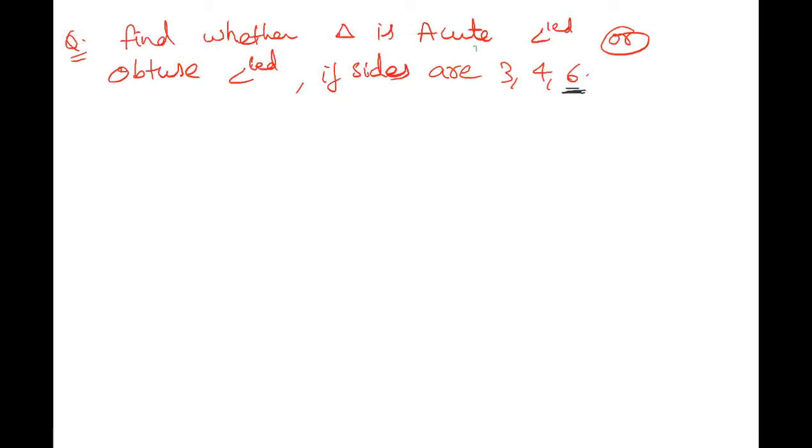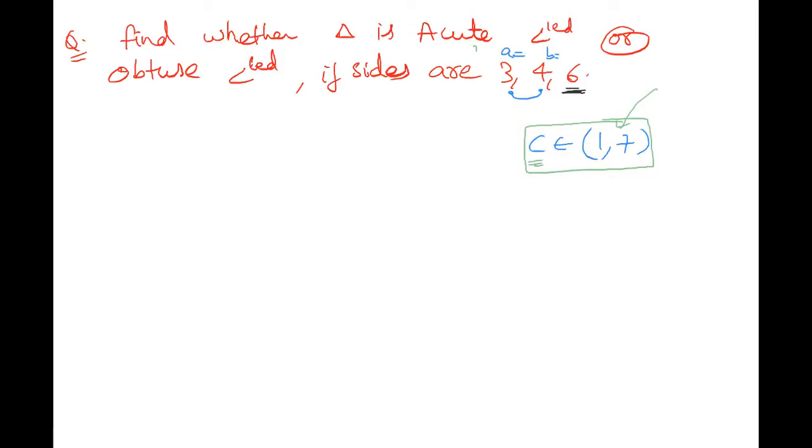The difference of these two sides is 1. Suppose this is side A, this is side B. So side C can vary: the difference of these two is 1 and the sum is 7. So between 1 and 7, any side length you can take, 1 and 7 not included.